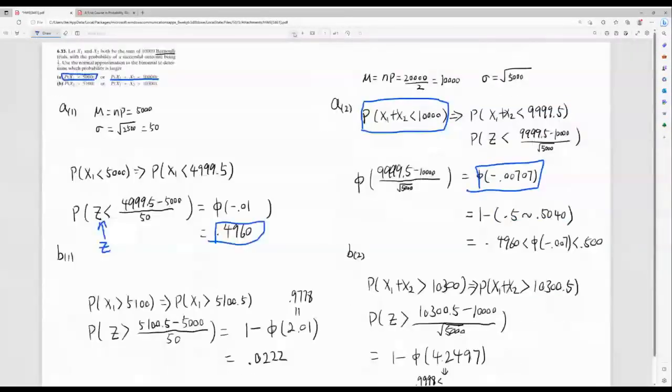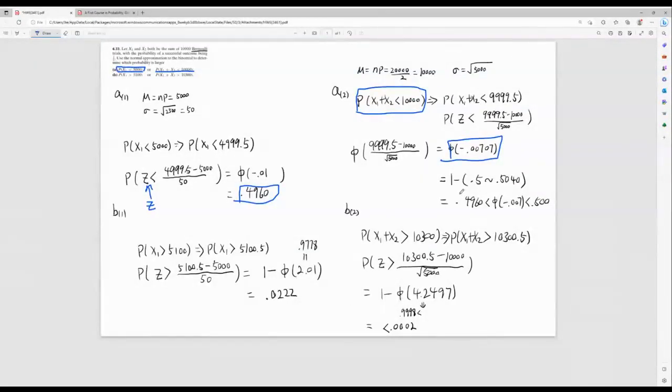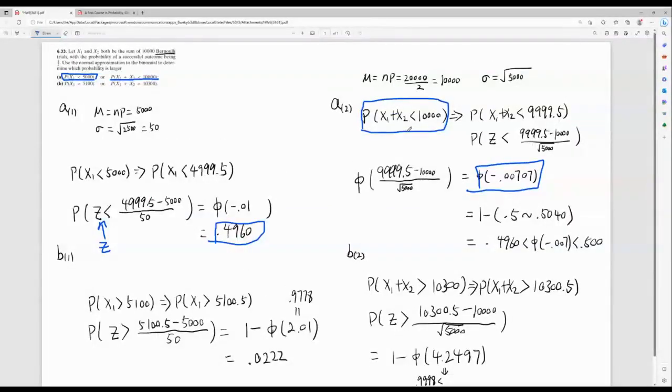And hold on one second. So this is convolution. I forgot the formula. The formula is that you can convert directly into a z-score for x1 plus x2. This is convolution.